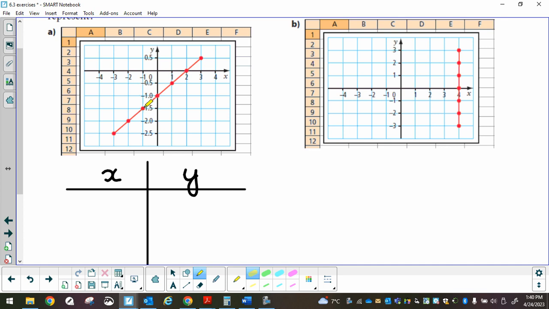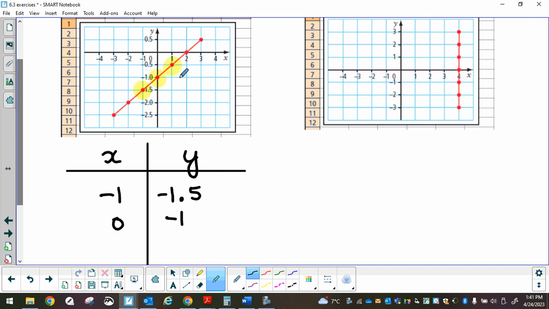I might try to pick these 3 points. 3 is the bare minimum. Remember, start on the left, so this point has to get written down first. So I have -1 and -1.5, 0 and -1, and 1 and -0.5.